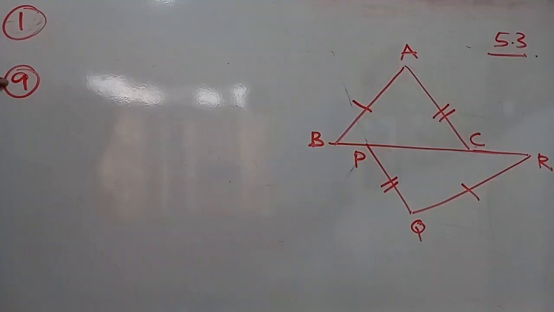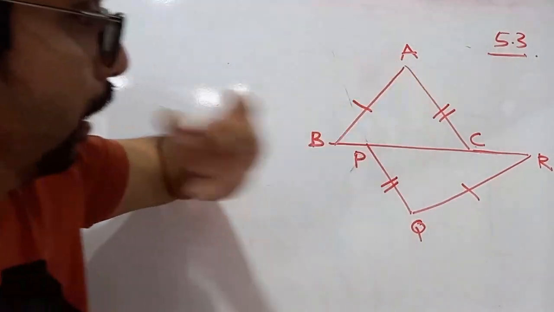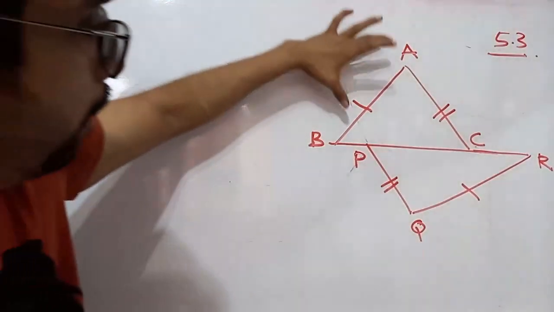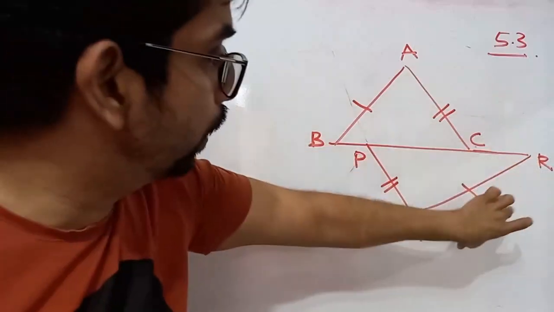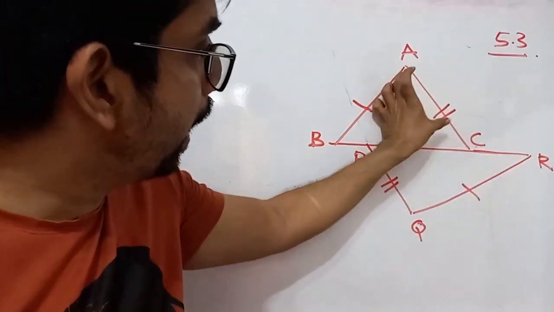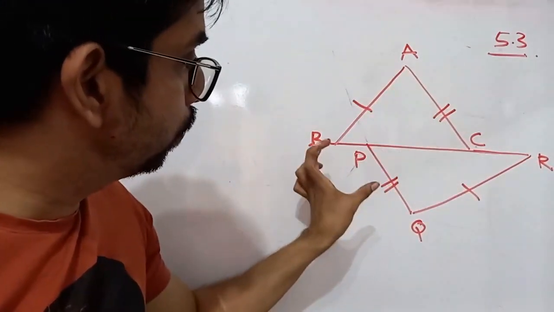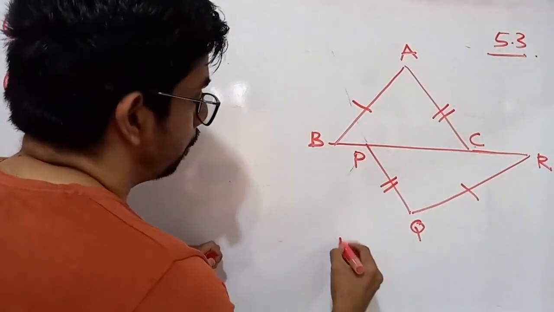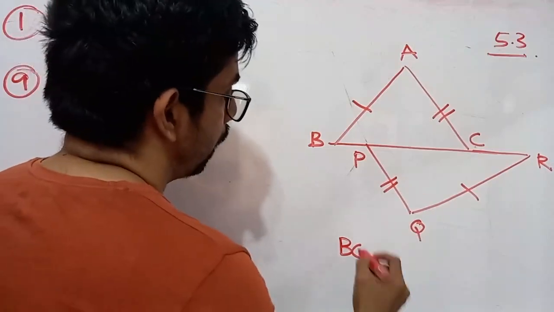Question number 1, part 9. So this is the triangle that has been given to us. Right? So we can see AB side is equal to QR side. AC side is equal to PQ side. Then we have not been given information about another side. What is not given? BC. Right?